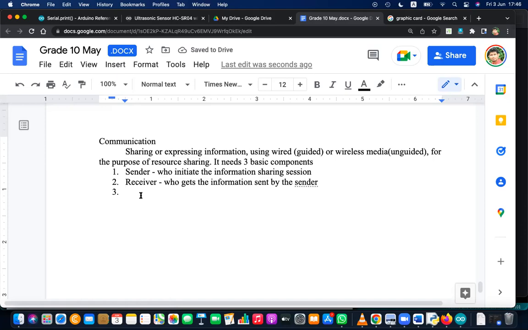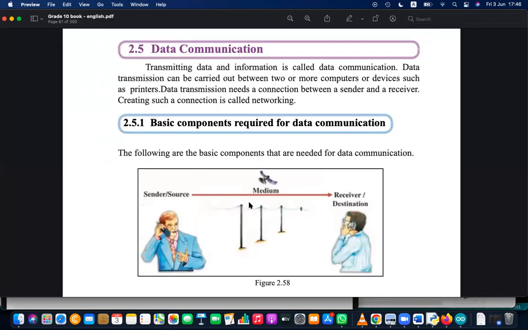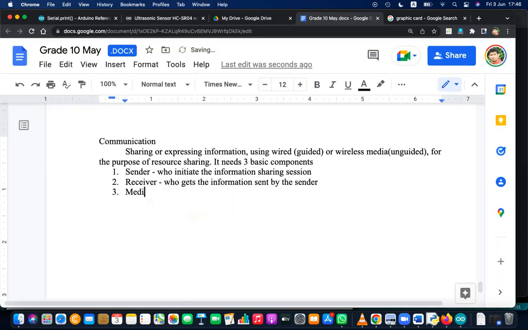Then medium, media. You can say medium, sorry, medium.